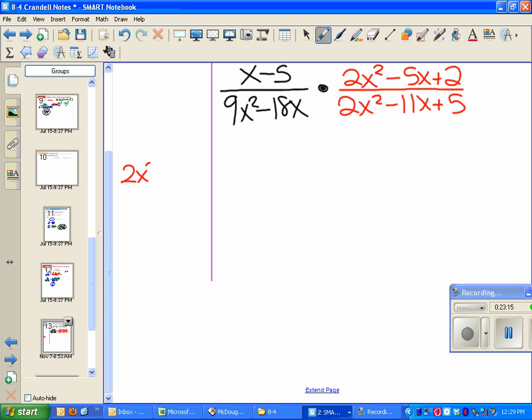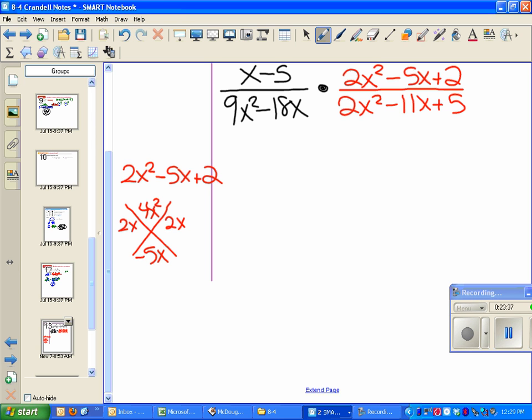So for the 2x squared minus 5x plus 2, if you don't remember Clinton's magic, we're going to multiply. We want something that multiplies to 4x squared but adds up to negative 5x, and then we put 2x and 2x right here, I believe.